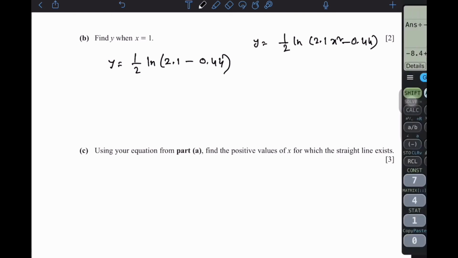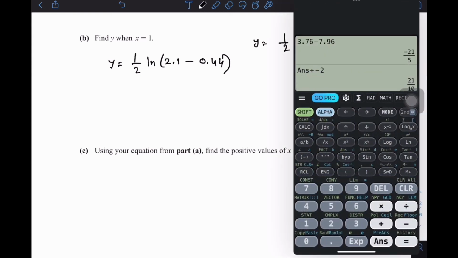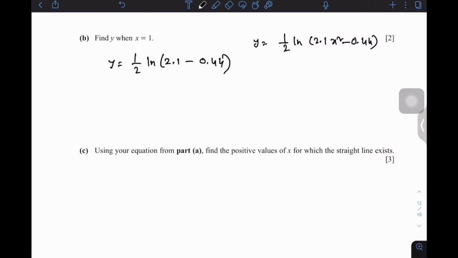Let me use the calculator again. ln of 2.1 minus 0.44, close the bracket, divided by 2. This answer will be 0.253.